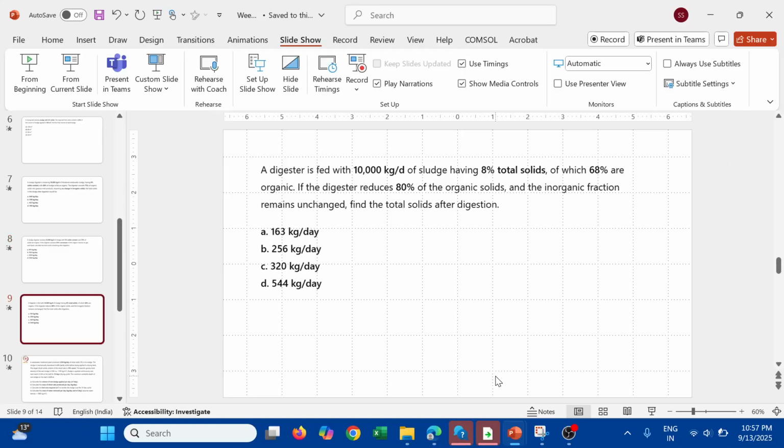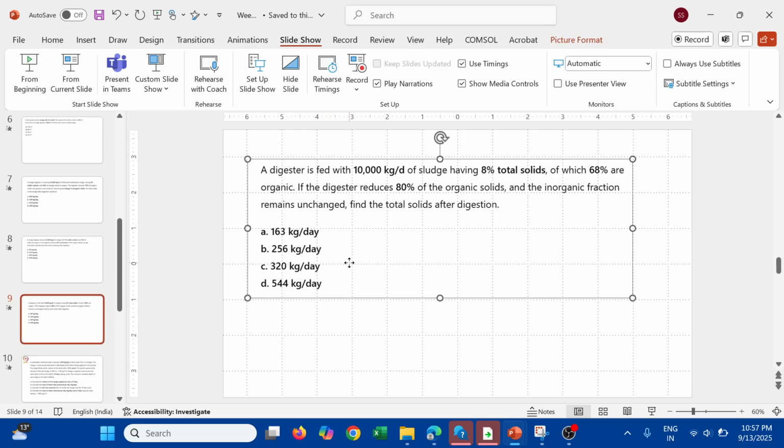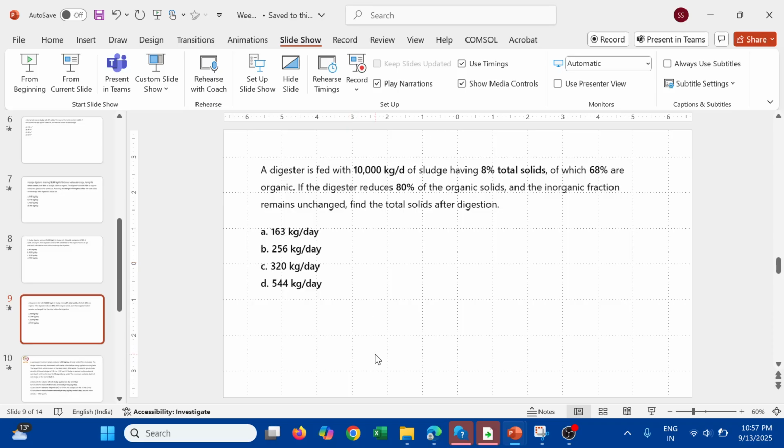Ma'am, I think I get 434.5 kg per day for this answer. Yeah, right, 437.5. Once you check in the options.